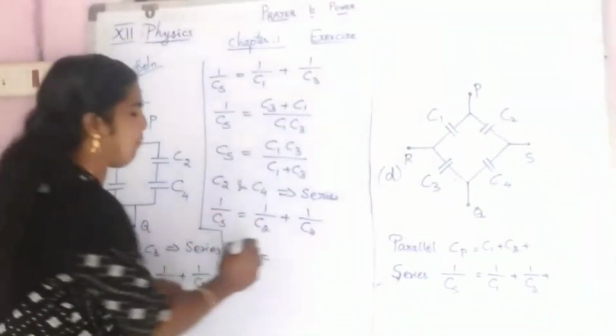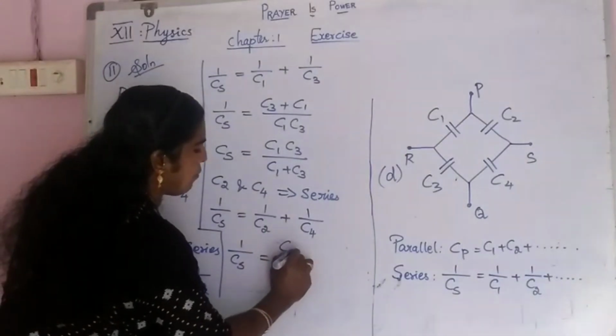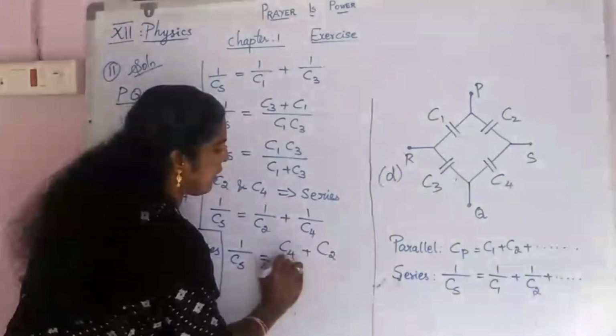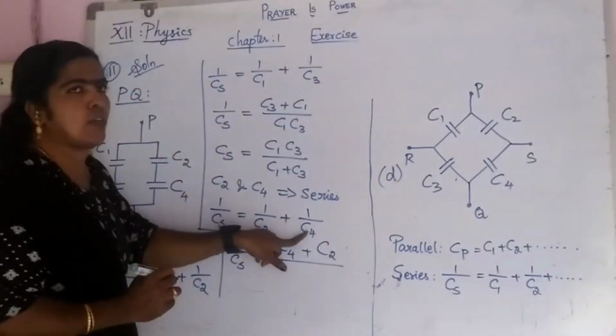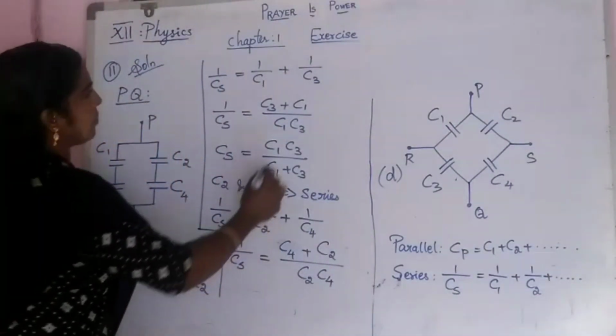1 into C4 plus 1 into C2, divided by C2 C4.